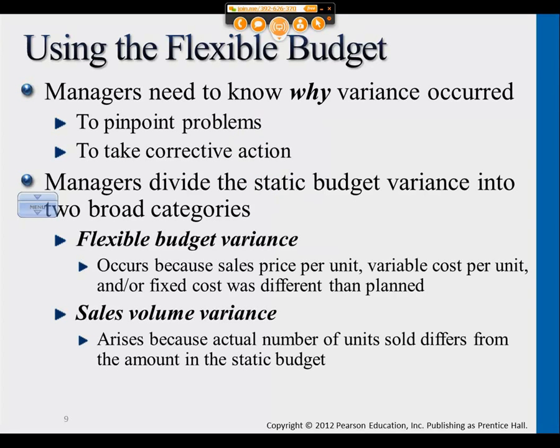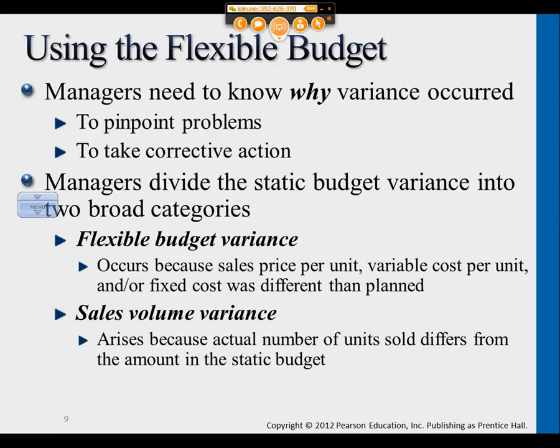So managers would need to know why variances occurred so that they can not only pinpoint the problems and take corrective actions, but also maybe notice what affected a favorable change, right? And maybe increase the effect of it, okay?